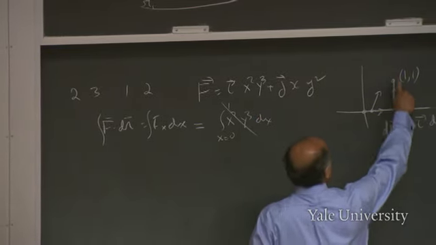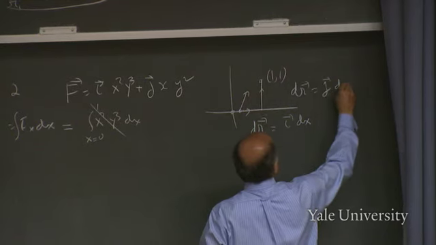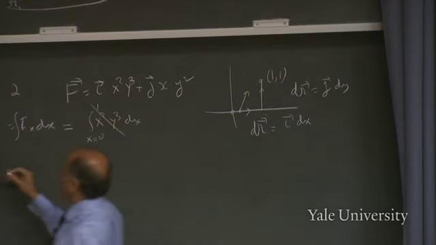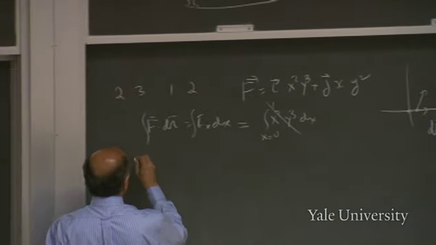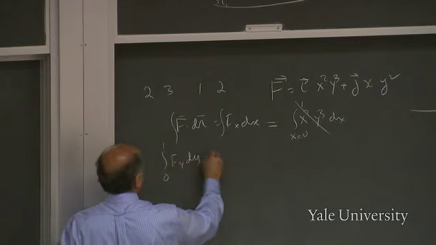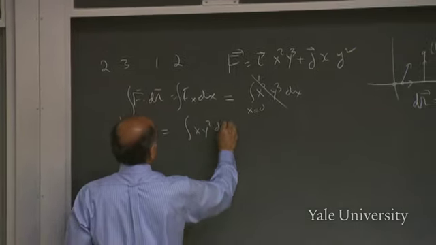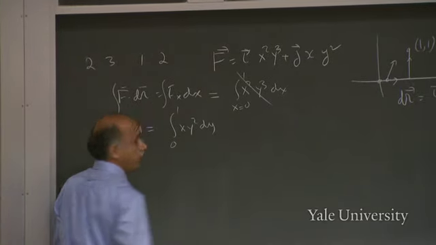Now, if you come to this segment, I think you all agree the distance traveled is j times dy. So I have to have another segment, the second part of my trip, which is Fy times dy, and y goes from 0 to 1. And the y component is x y squared dy, where y goes from 0 to 1.